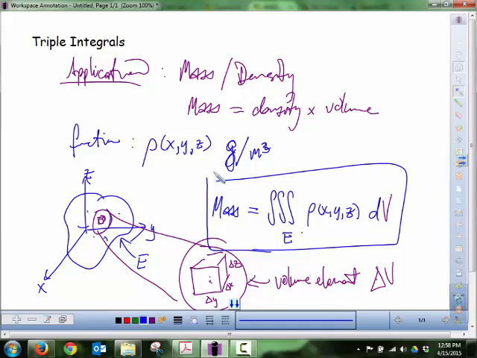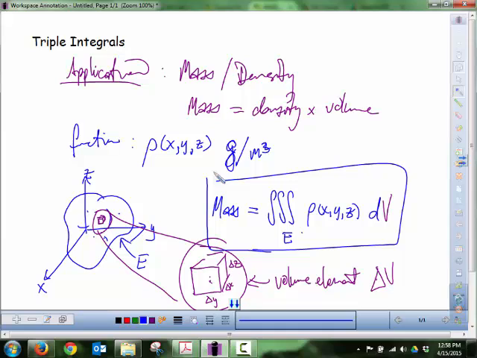All right. We can extend this to the other applications that we've been talking about, like probability. Now, instead of having a 2-variable probability problem, we can have a 3-variable probability problem. We can find the center of mass the same way.